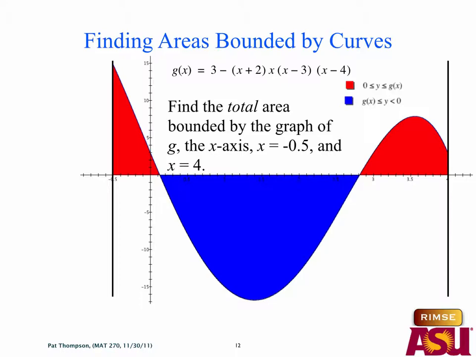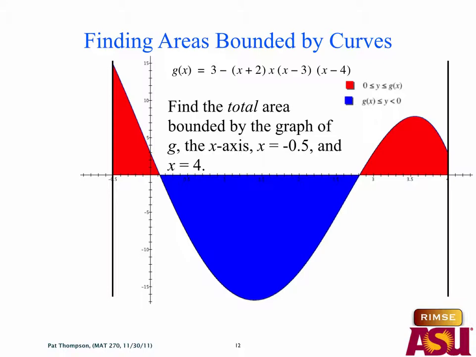So how do I make a negative into a positive? Either take the absolute value or just multiply it by -1. If I multiply the integral from this x value to this x value of g of x by -1, that'll now give me a positive value that I can interpret as the area of this blue region.